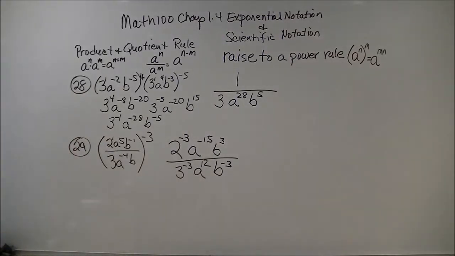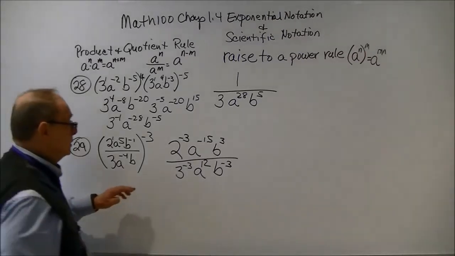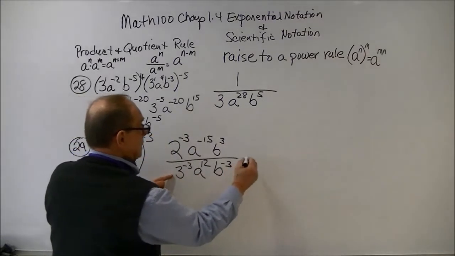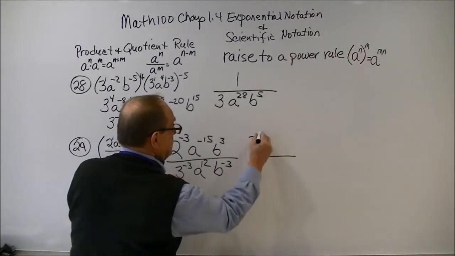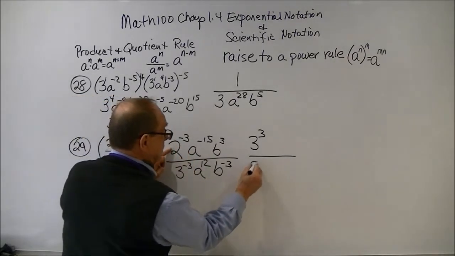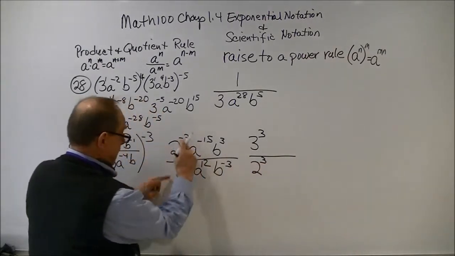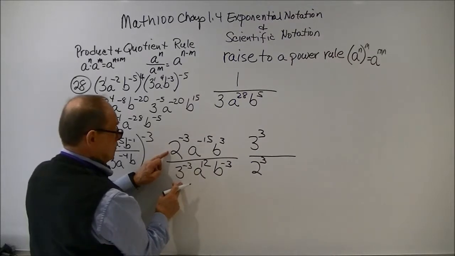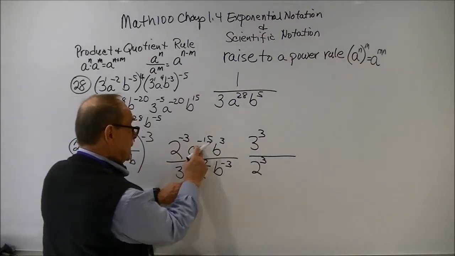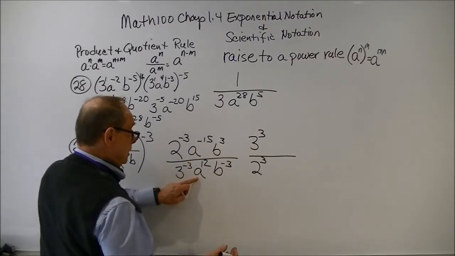Okay, once we do that, it's maybe a little easier to do. So let's do some conversion. We know these two are going to switch places. So this is going to be 3 to the 3rd in the numerator, and this is going to be 2 to the third in the denominator. Okay, this one's positive, this one's negative. We want our answers to be positive.